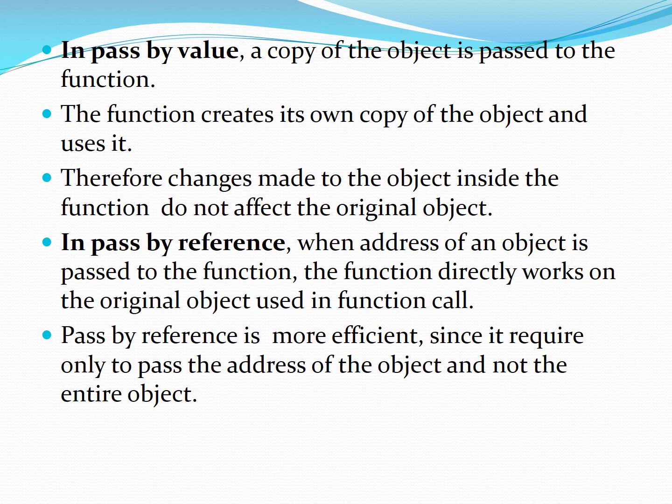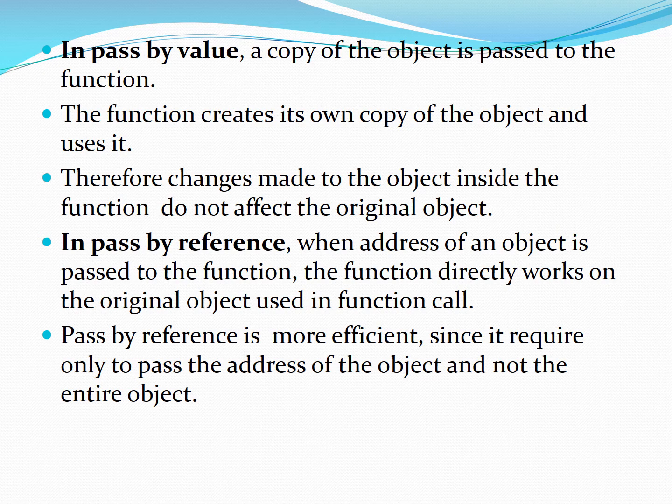Once again, I'll repeat: when a copy of an object is passed, the function creates its own copy and uses it for the purpose. Therefore, changes made to the object inside the function do not affect the original object.